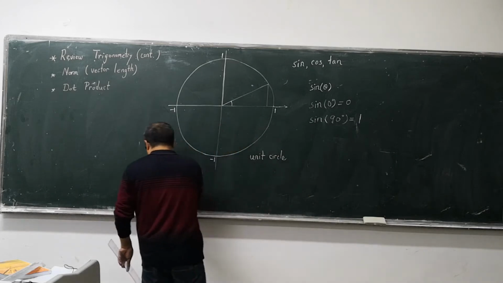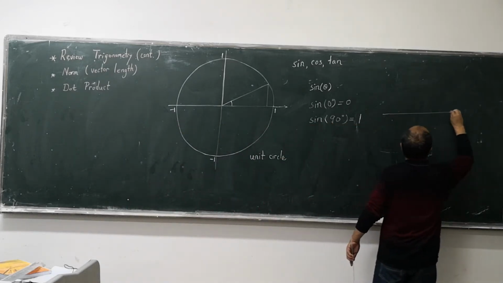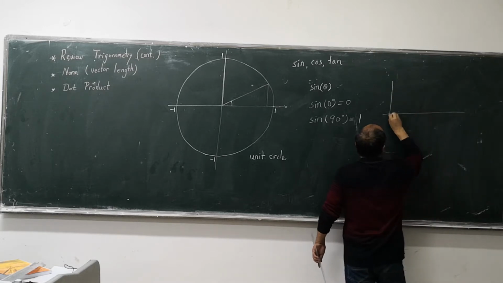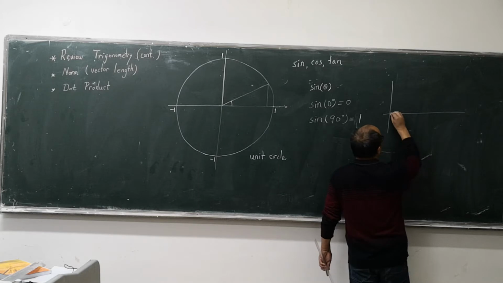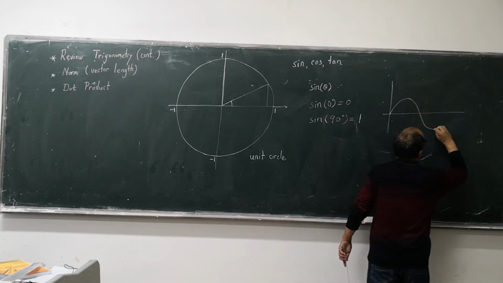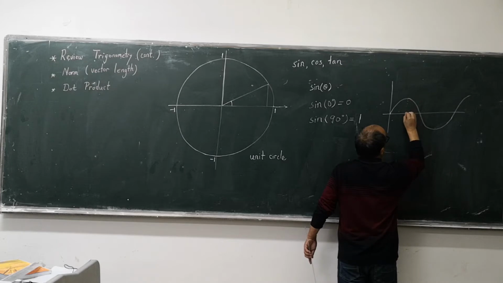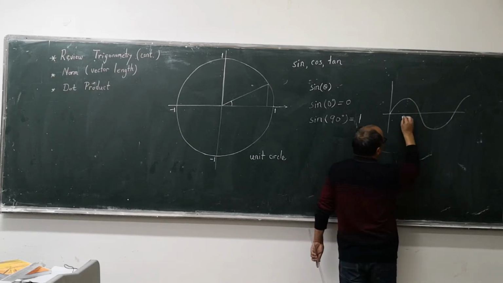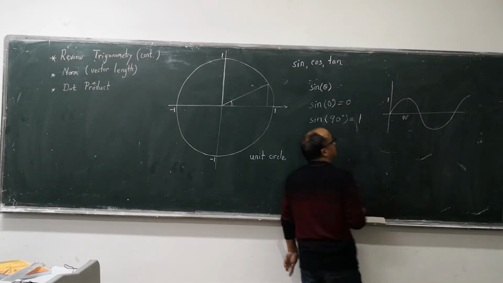In the sine curve, when this is 0 degrees, it's 0. When it's 90 degrees, it reaches 1.